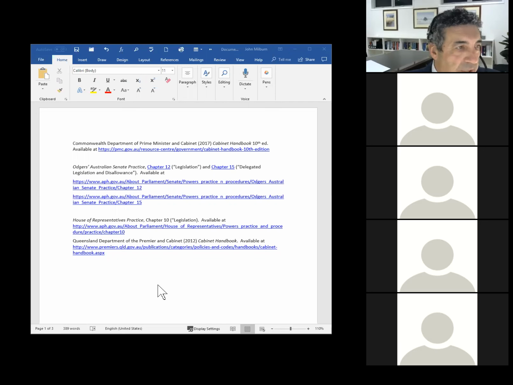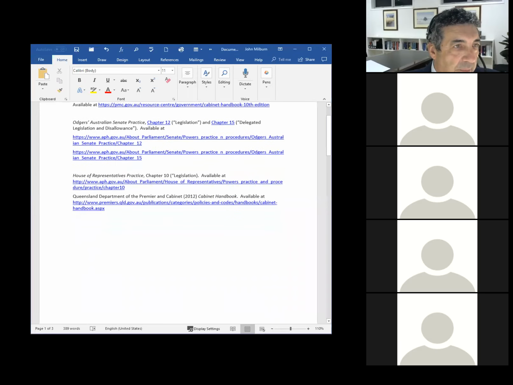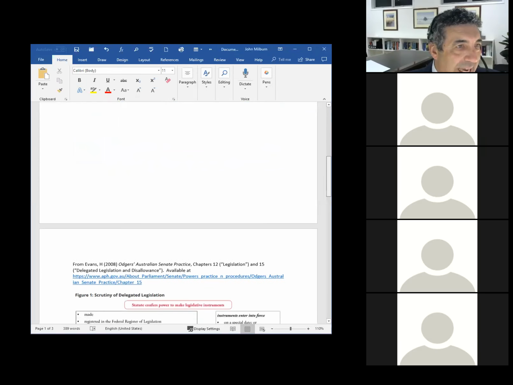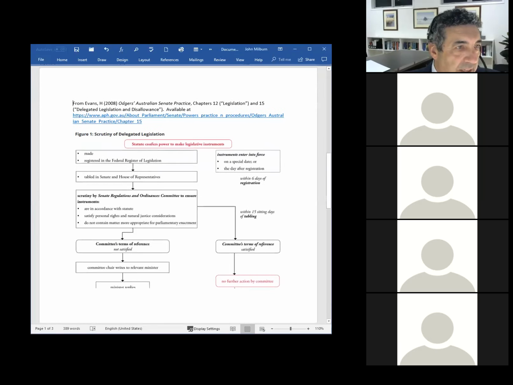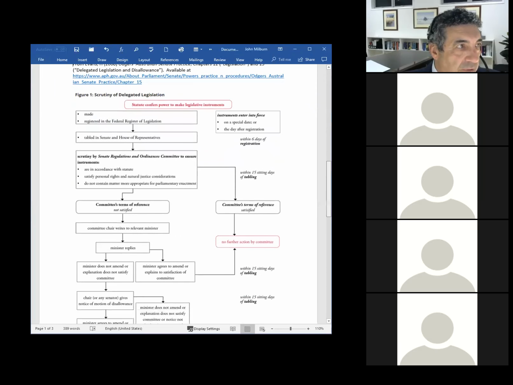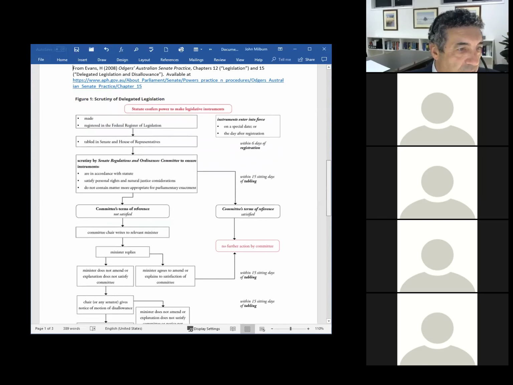Just as a sample, some of the material that you can find in the commentary is not only valuable as an aid to understanding, but also it has material that is very useful in terms of reference material.